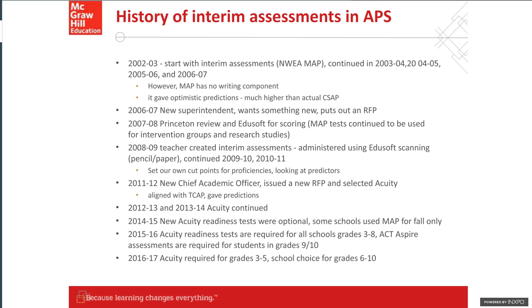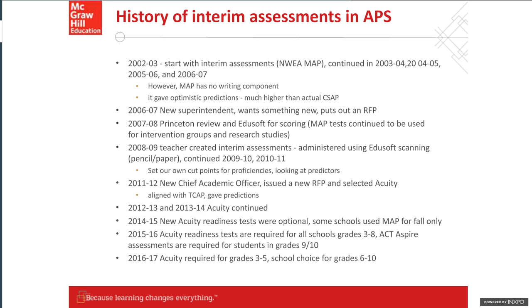We also have interim assessments that we have our schools complete, and I'm not going to go through this whole timeline, but just so you can see and maybe compare with your experiences, how interim assessments have changed here in Aurora Public Schools over the years. We really started in 2002 and 2003 with the interim assessments, and things have morphed.